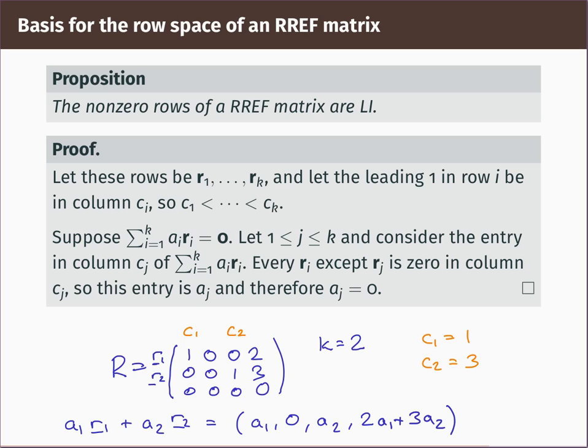And I'm going to label the columns here. Here's column C1 and here's column C2. As I said in the proof, you can see that in entry C1 we just get a1. So if this thing is equal to the 0 vector, then a1 must be 0.